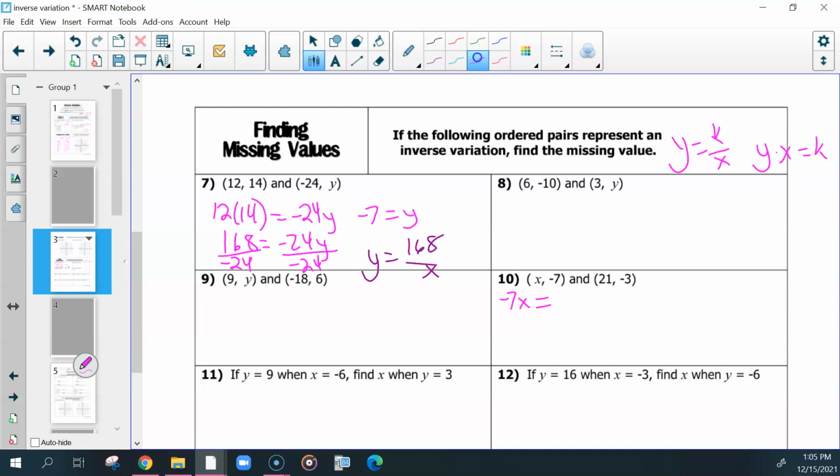But back to 10, this should equal -3 times 21, or if you put it the other way, that's fine too. I believe this is 63. Yes, but negative. So we have -7x equals -63.